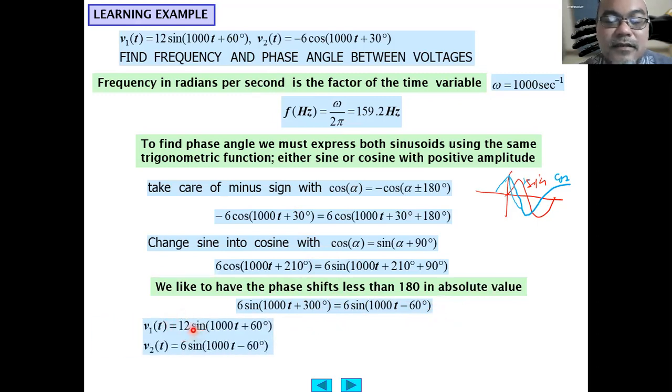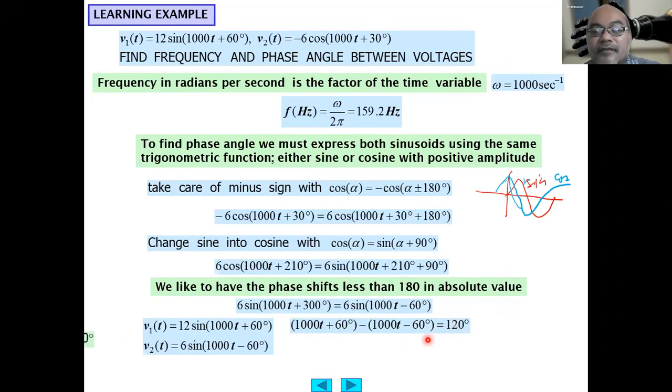V1(t) is equal to 12 sine 1000t plus 60 degrees. V2(t) equals 6 sine 1000t minus 60 degrees. So here the phase difference between the two is 120 degrees.